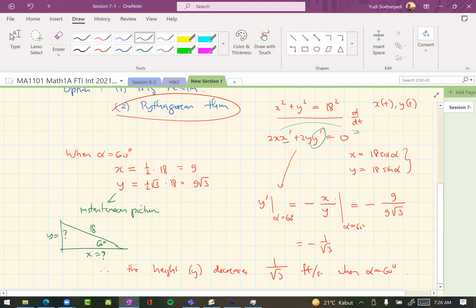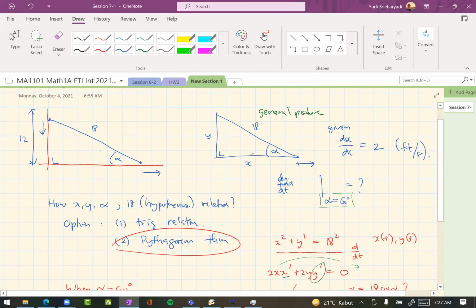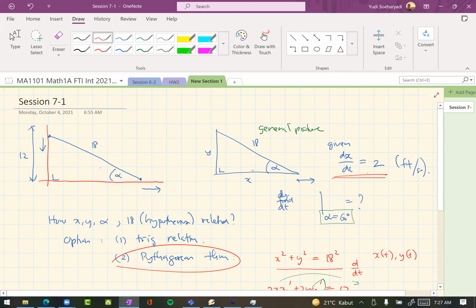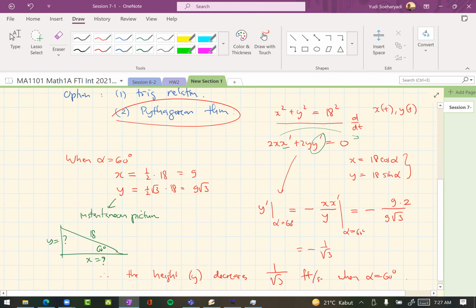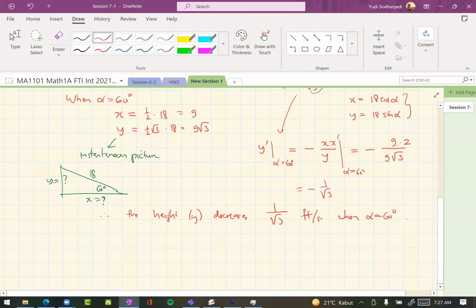You have x prime also. Sorry, missed the point. This is given. x prime is 2. Okay, so this 18, 9, this 2.